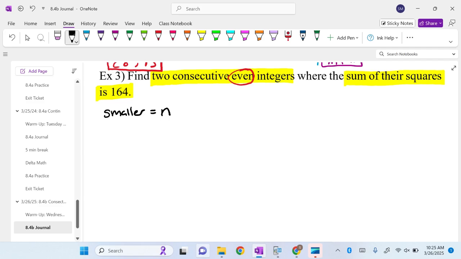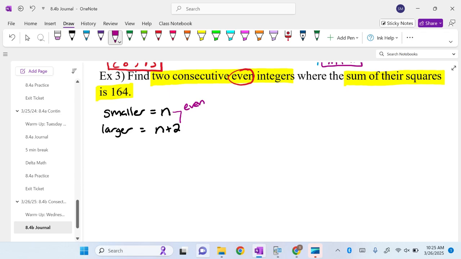N. But our larger number has to be even, and so does N. What expression will we write for the larger number? Not N plus 1, but N plus 2, because we want both numbers to be even. So if we start with an even N value, we have to add 2 to it to get another even N value.